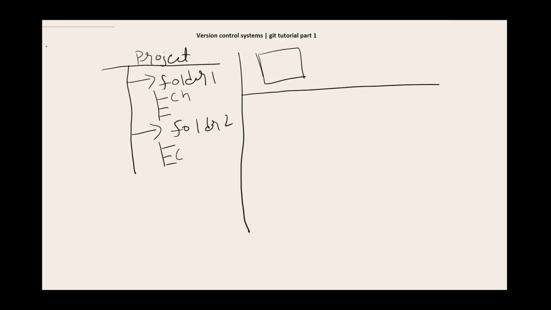You change two files, one from folder 1 and one from folder 2. Here ch means change. You can see the change in the website, and even your end users can see the new change now.